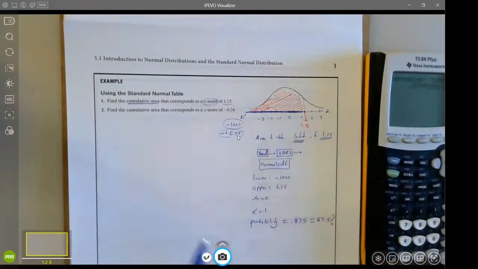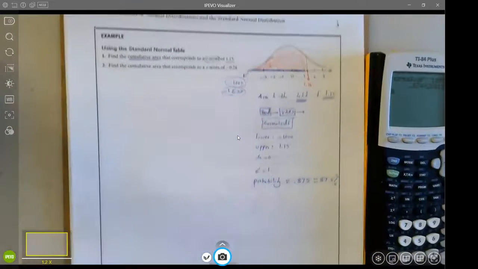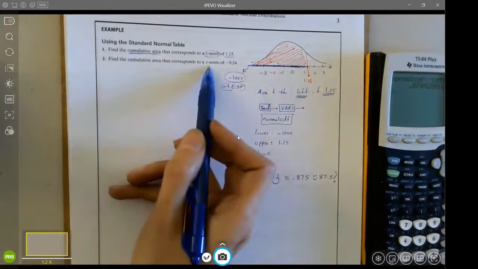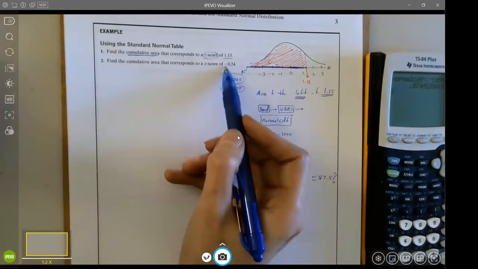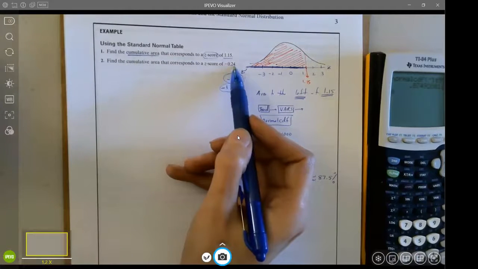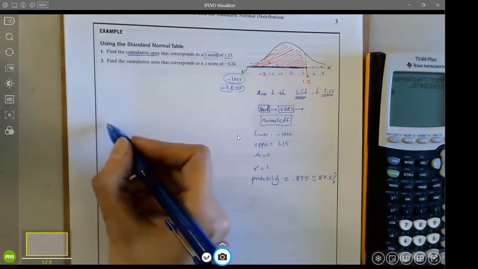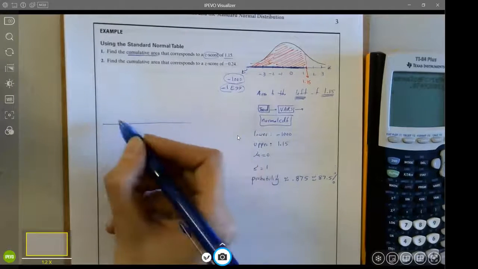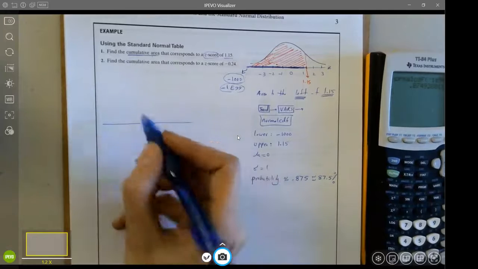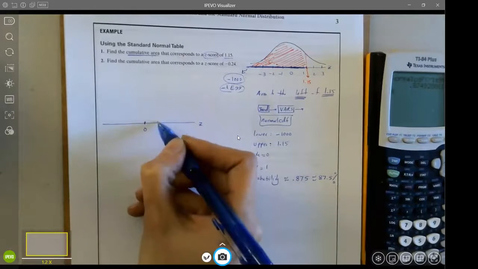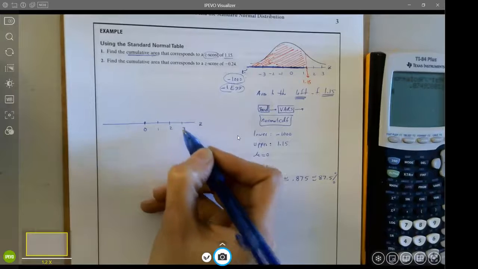Let us take a look at another example. Question 2 says, find the cumulative area that corresponds to z-score -0.24. Okay, let us take a look at our graph. This is our graph. Again, we have z values on the horizontal axis: 0, 1, 2, 3.